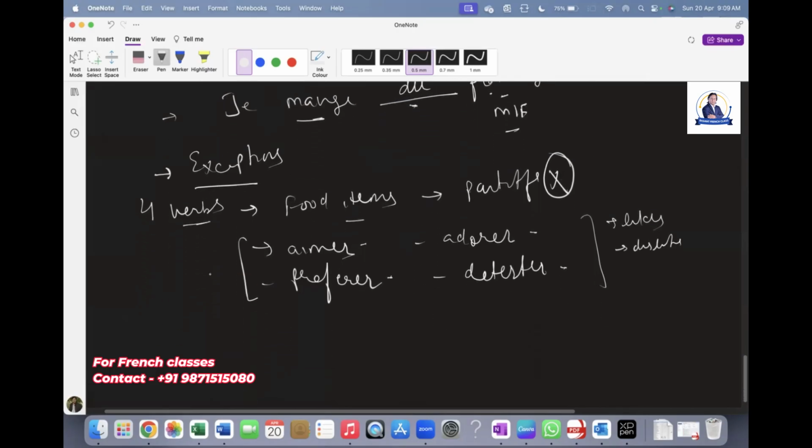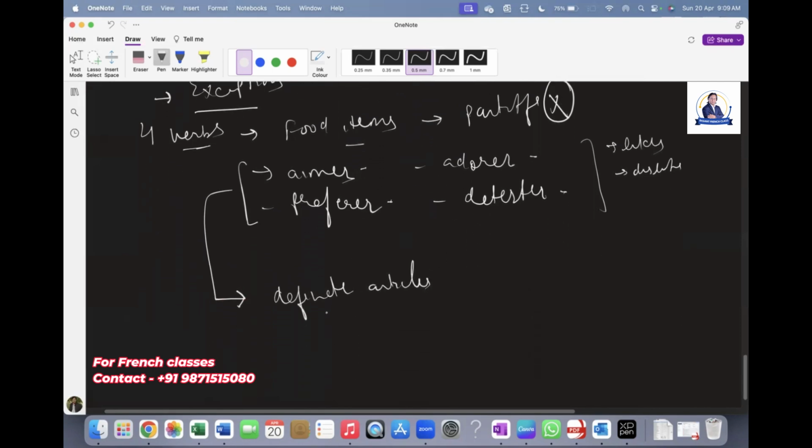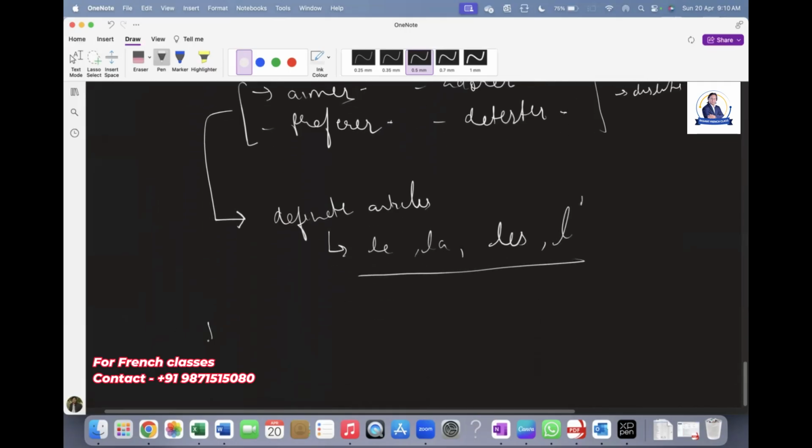In that case, if these 4 verbs come, we will use definite articles, right? And which are our definite articles? Le, la, les, and l'. Example: j'aime dash gâteau.